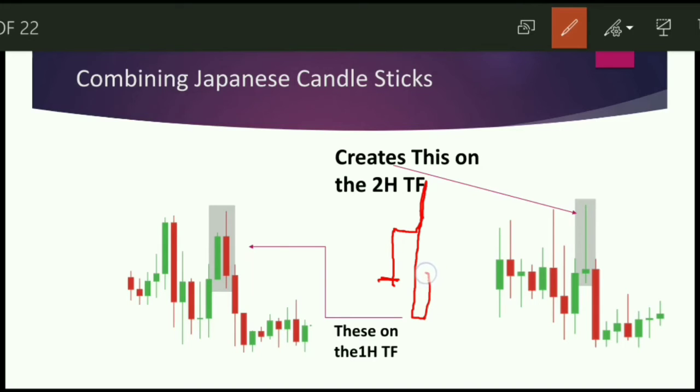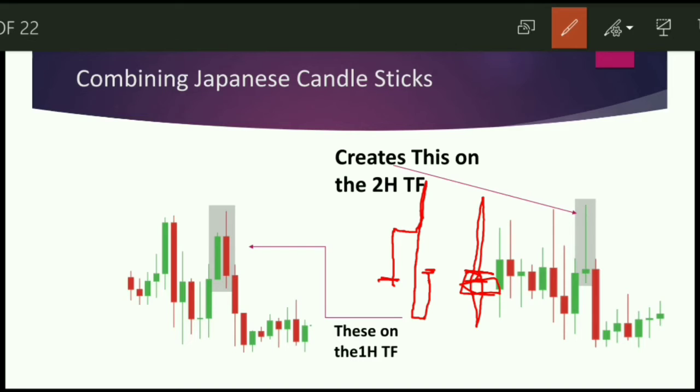Now, if we were to fuse this together, we would get that price opens here, goes all the way up, comes back down, and decided to close slightly above where it began. And that's how you got this over here.